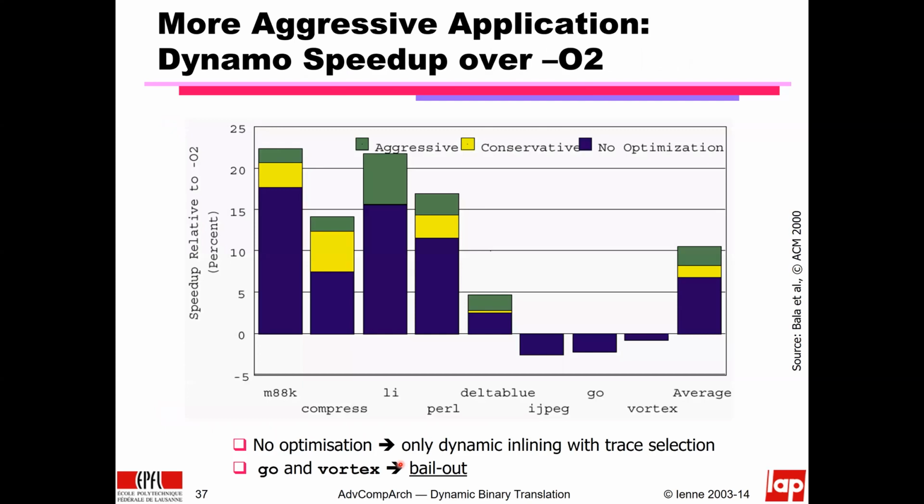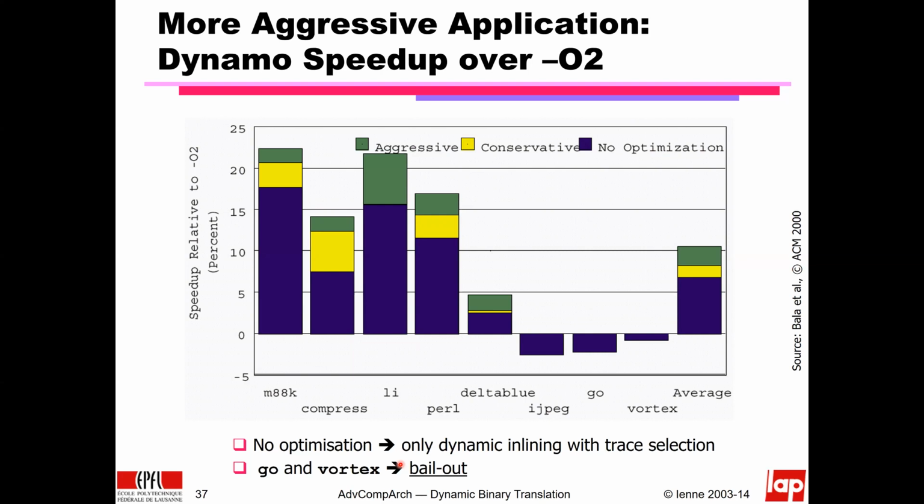So here is an example of what Dynamo can do, and you have the speed up relative to the original code. And as you see, apart from some cases, you get a reasonable speed up. It is not completely dramatic, right?